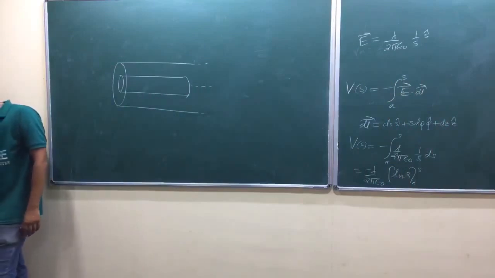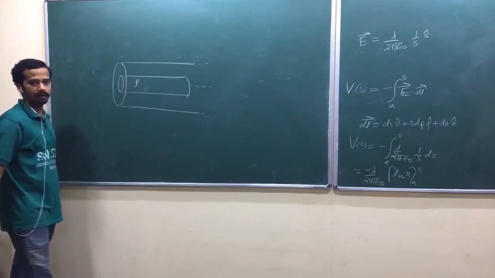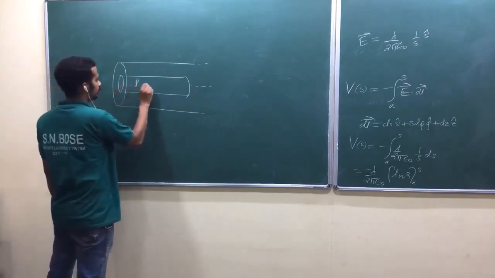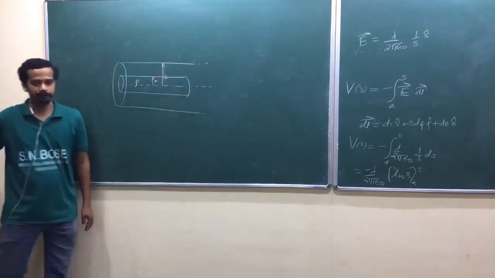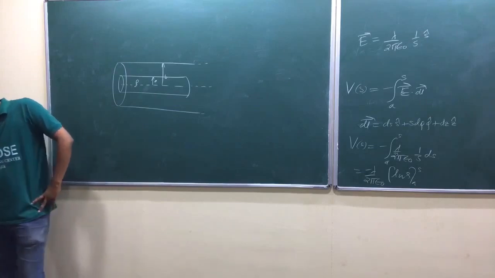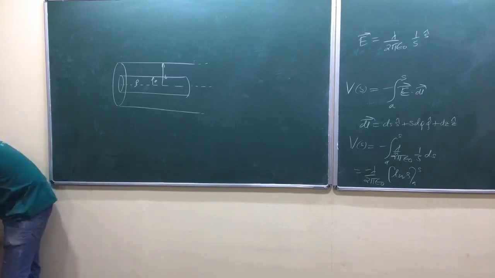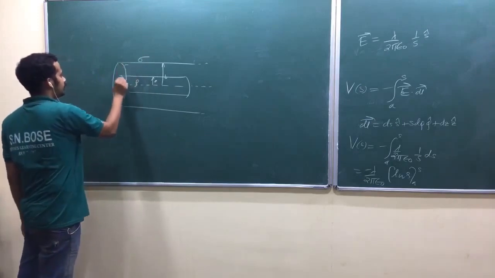The coaxial cable carries a uniform volume charge density rho in the inner cylinder. The inner cylinder contains uniform volume charge density rho, and its radius is A. Its radius is B. And a uniform surface charge density on the surface of the cylinder, and he didn't mention it, let it be. But this is negative, this is positive.